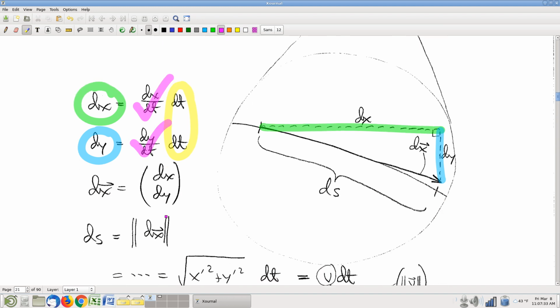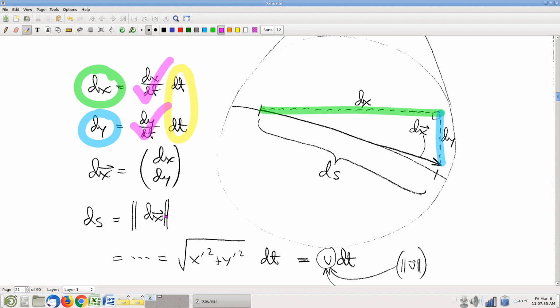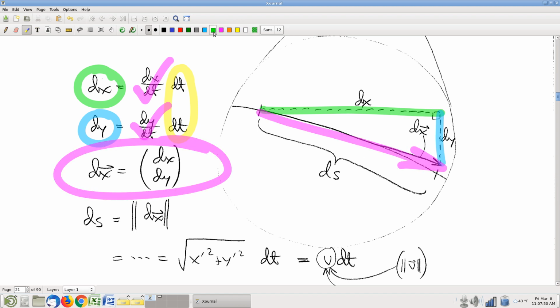And that's again, fundamental point of view on derivatives. They relate input changes to output changes. And if you know those two coordinates, the dx scalar and the dy scalar, those make up the dx vector. And the dx vector is the thing whose magnitude gives you ds.